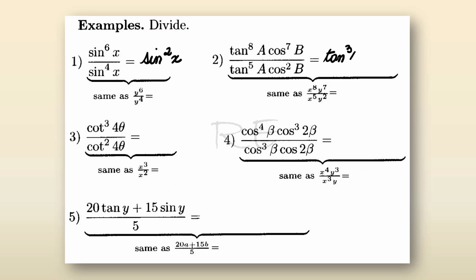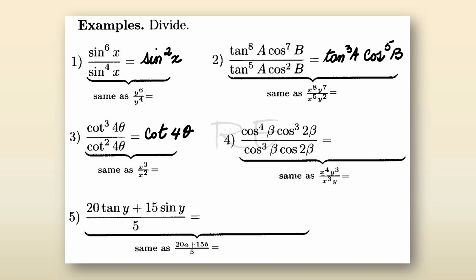Tan cubed a times cosine 7 minus 2, which is 5b. Tan cubed a times cosine 5b. Cotangent cubed over cotangent squared. 3 minus 2 is 1. We get cotangent theta.